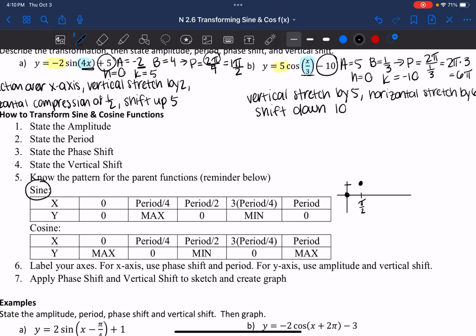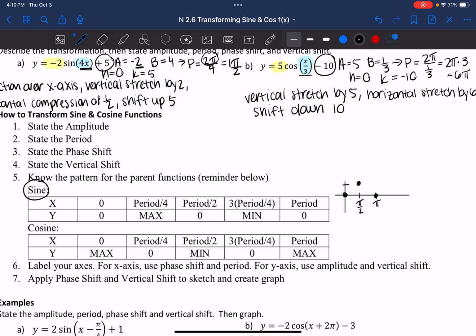From pi halves, halfway through our period was pi, and by that time I'm back at 0. And then 3/4 of the way through, I'm at 3 pi halves, and this is when we went down to our minimum value, which would have been at -1. And then at 2 pi, I should be back at 0.